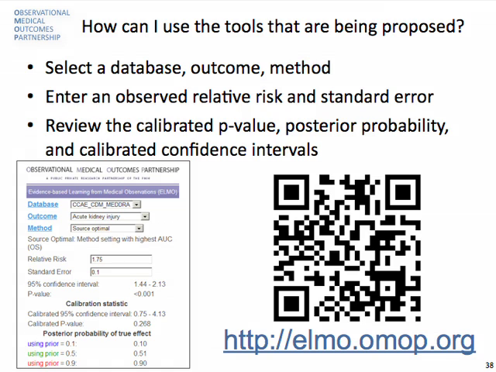What we're excited about is that it's not just about the results OMOP has generated, it's about the framework that we're developing that as a community we should be able to apply, not just to OMOP's 5 databases and OMOP's 4 outcomes, but to any future database or different outcome that we would like to study.